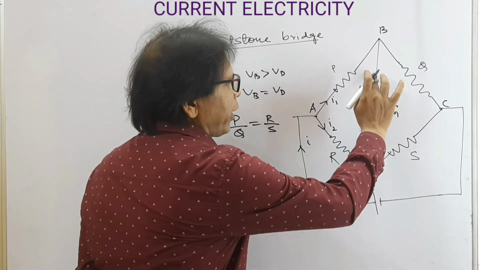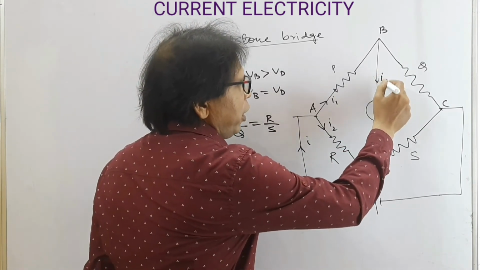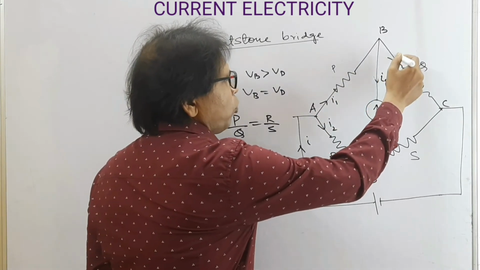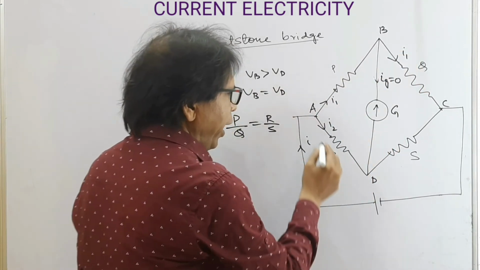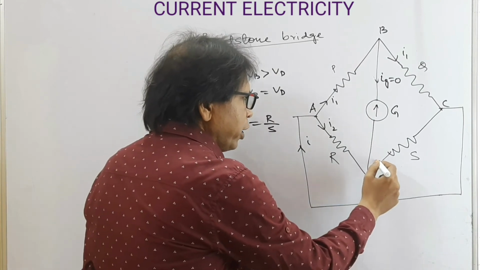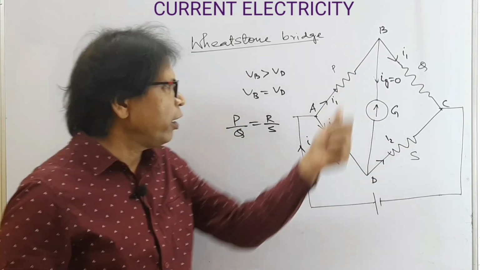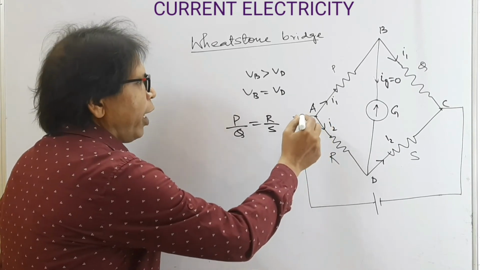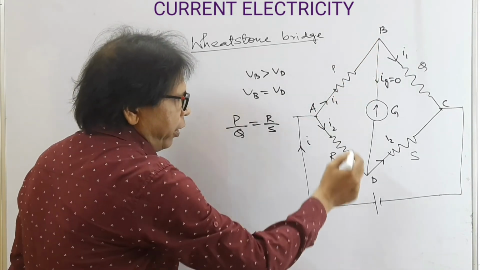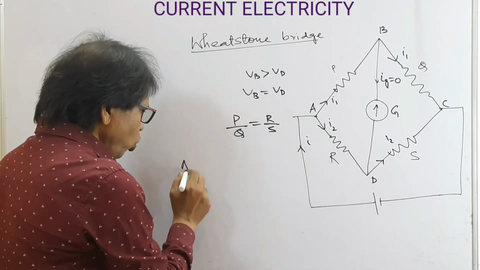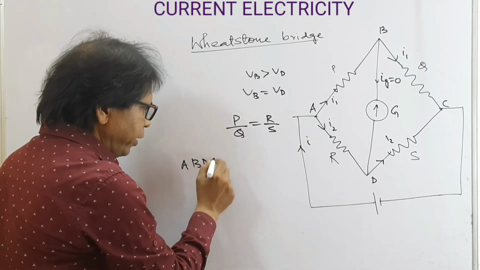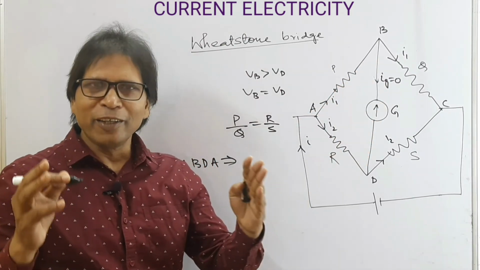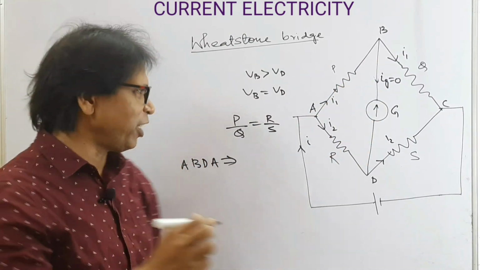As the current through the galvanometer Ig is equal to 0, the current through P is equal to the current through Q, and the current through R is equal to the current through S. Now applying Kirchhoff's voltage law in the loop A, B, D, A, we get, in the direction of current, potential difference is negative.